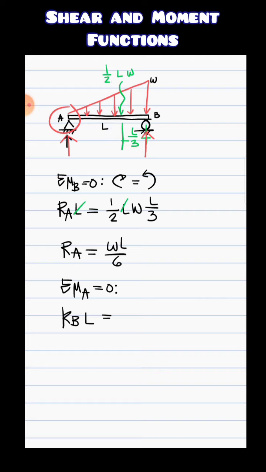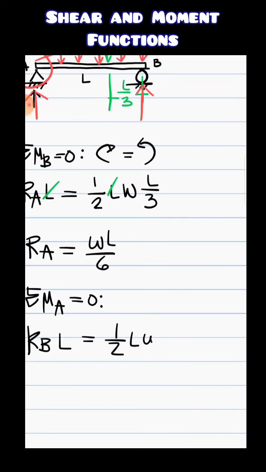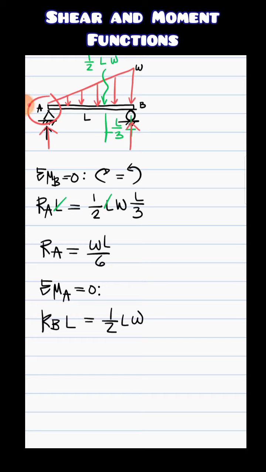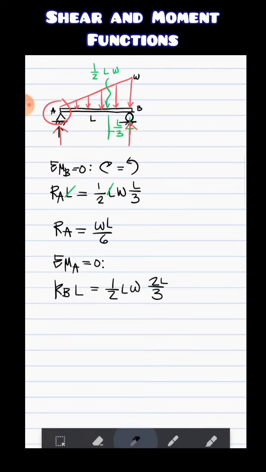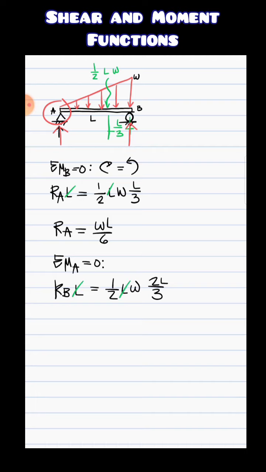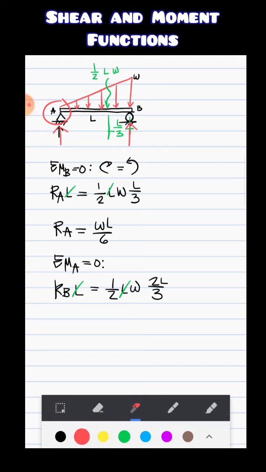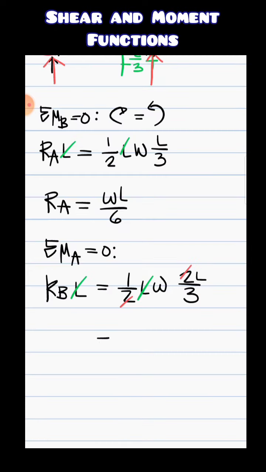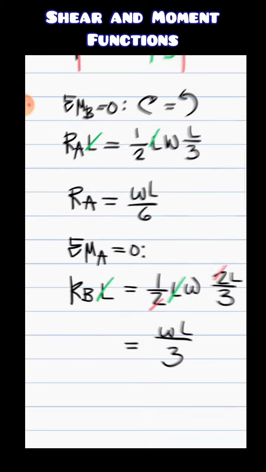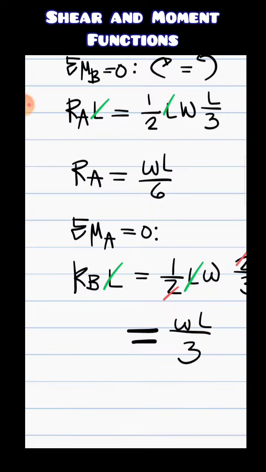So RB L equals the area 1/2 LW times its moment arm. Since this is L over 3, the other side must be 2L over 3. If we simplify, L and L cancel out, and the 2 and 1/2 are equal to 1, and we have WL over 3 as our reaction at B.